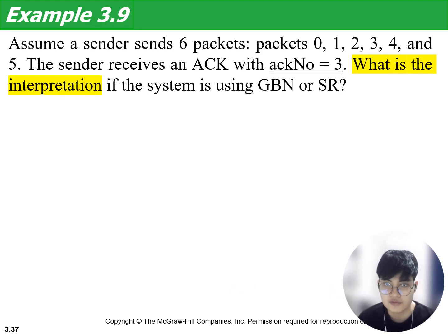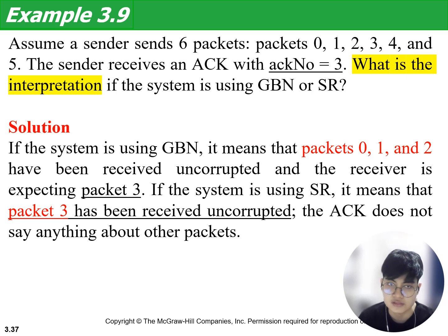Assume a sender sends 6 packets, packets 0 to 5. The sender receives an ACK with ackNo equal to 3. What is the interpretation if the system is using GBN or SR? If the system is using GBN, it means that packets 0, 1, and 2 have been received uncorrupted, and the receiver is expecting packet 3.